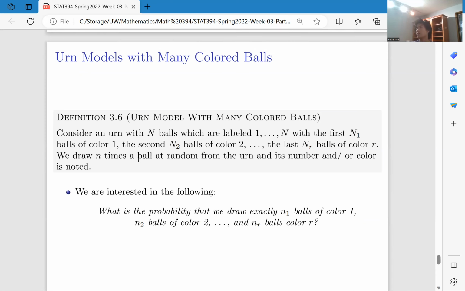So imagine there are R colors of balls, and we choose n of them out.